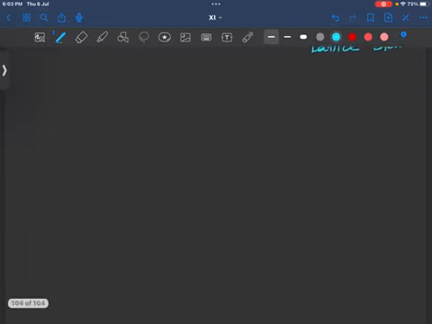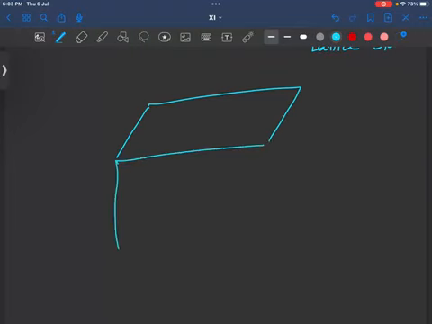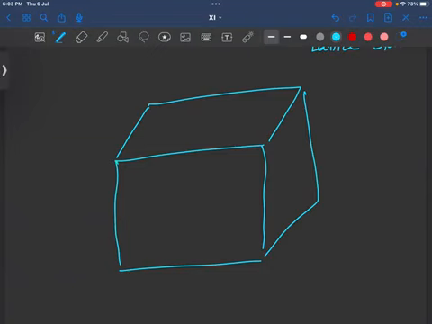NaCl exist कैसे करता है? I will show you again. If you see one cube of NaCl, so actually how does it exist?